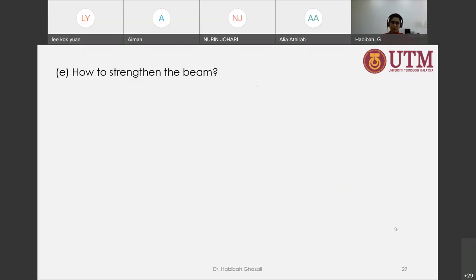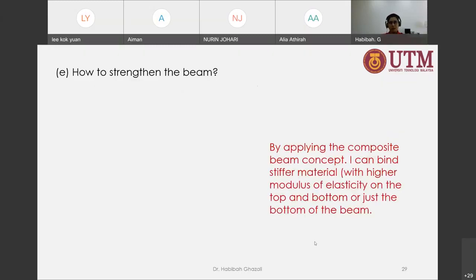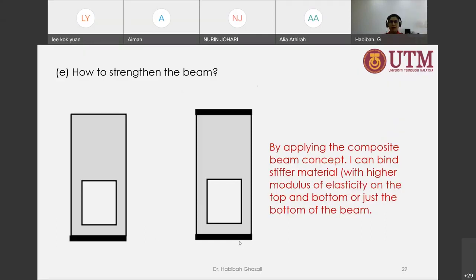Another thing that we can do is the composite beam concept. Instead of changing the whole material, I can strengthen it by adding a plate of material that has a higher stiffness on the top, or on the top and bottom of this beam.